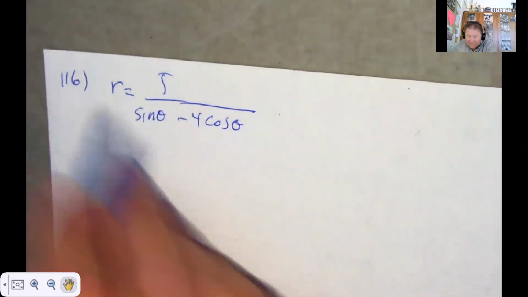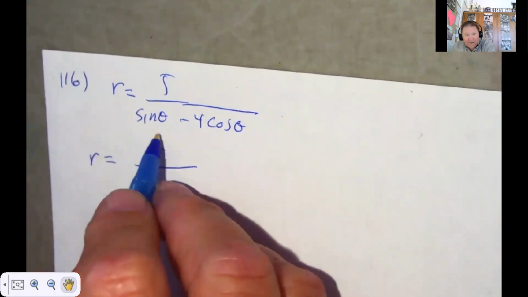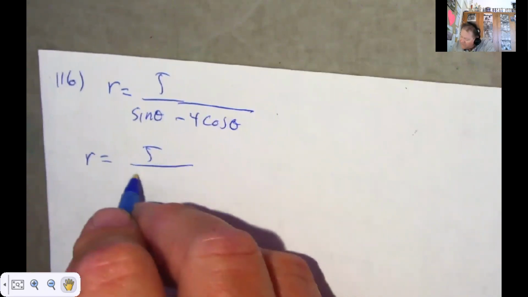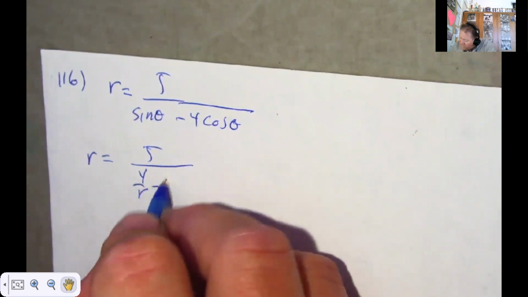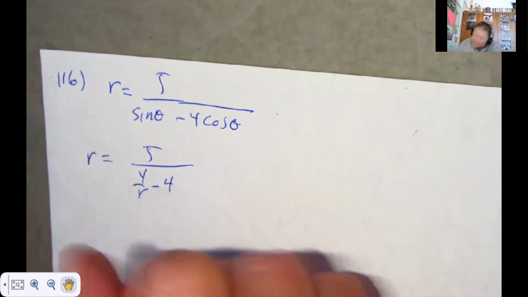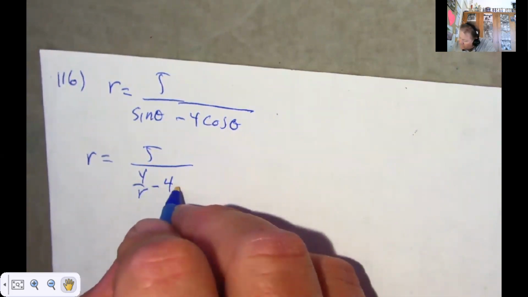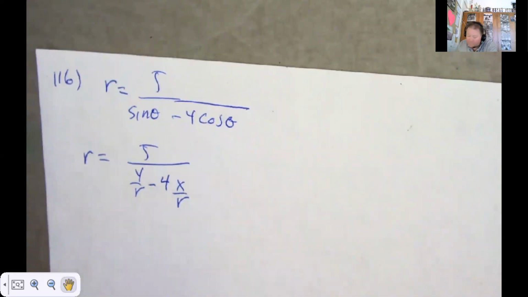Let's try this first. Before I switch things over, let me just do this first. r equals 5 over, I'm going to write the sine of theta as y over r minus 4 times, I need to make sure I wrote it down right. Yeah, it is. And that's going to be 4x over r, which is what the cosine of theta is.